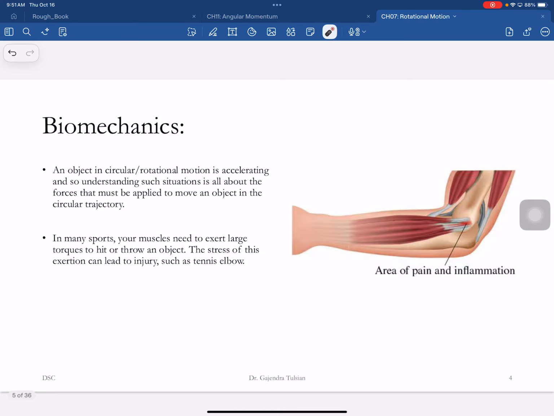Here you see rotational motion. You do a lot of rotational motion when you're playing sports. For instance, when you're playing tennis, your arm is rotating about your elbow, and so you have to apply torques. In tennis, you're holding a racket, which is long, and you're hitting that ball, and you stress your tendons quite a bit.